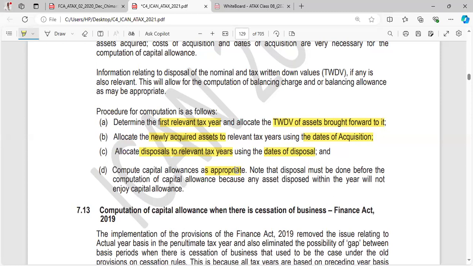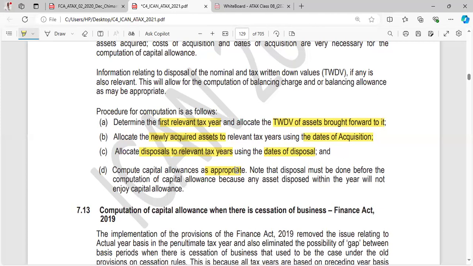So for the beginning of the year of assessment, you bring the tax written down value of all the assets on the first day of the relevant year.